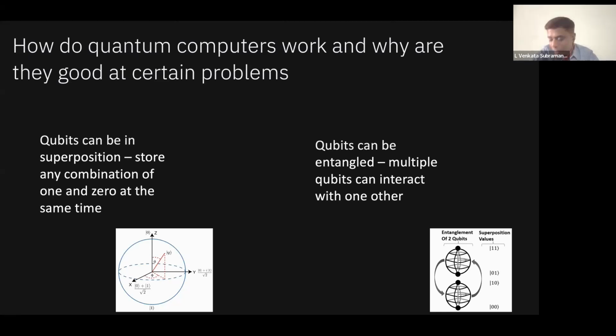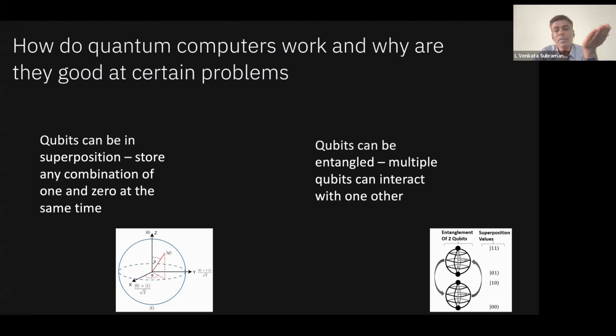What is entanglement? Two qubits can be entangled. It is like I am tossing a coin and you are also tossing a coin. I am sitting here in my home, you are sitting in your home or in your college. I'm sitting at one end of the universe and you are sitting at the other end. But if the two qubits are entangled, then by looking at my coin, I can say whether you got heads or tails.